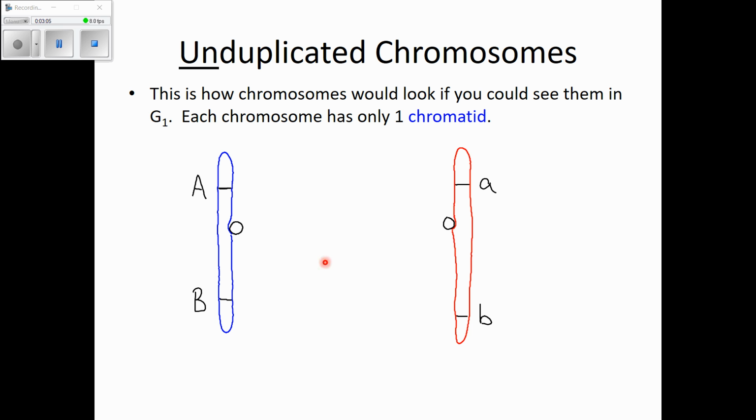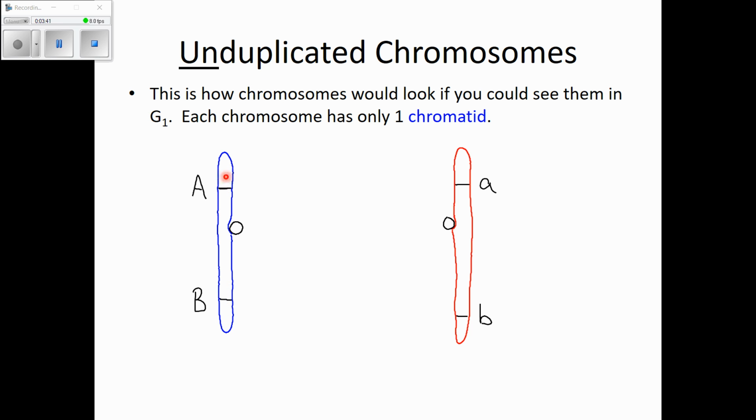But notice these chromosomes have not yet been duplicated. And what that means is that each chromosome only has one copy of itself. Each chromosome at this point only has one chromatid. Now that will change once we get past the S phase. After the DNA is duplicated, these chromosomes will look quite different. But right now, this is one chromosome.